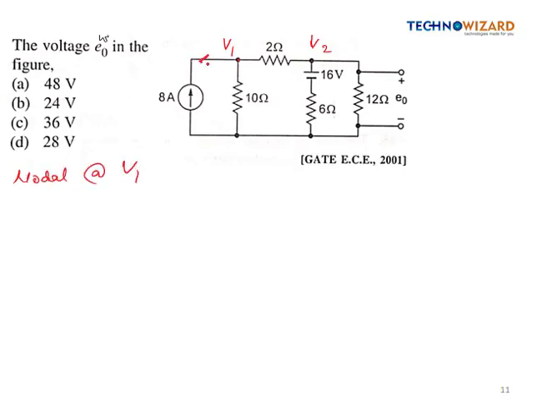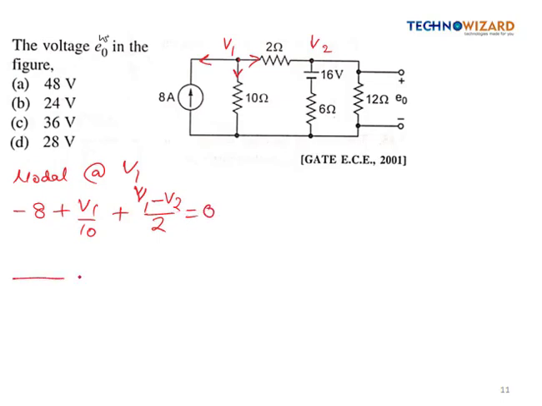The current in the outgoing direction is like this. So it will be simply minus 8 plus V1 by 10 plus V1 minus V2 by 2 is equal to 0, right?